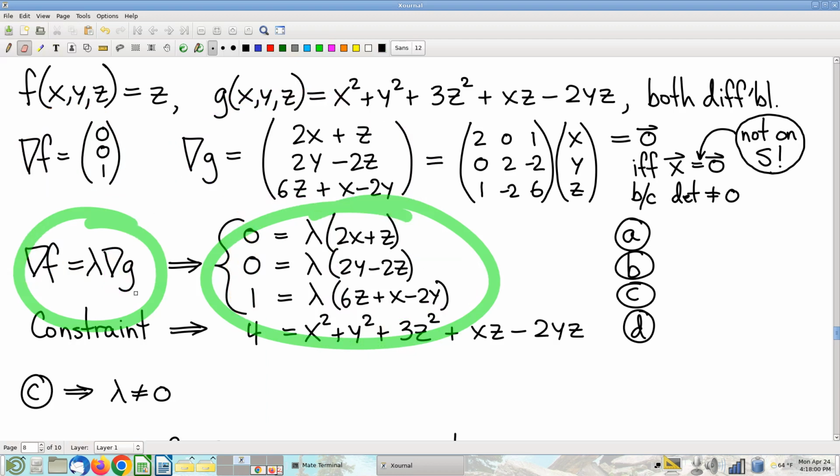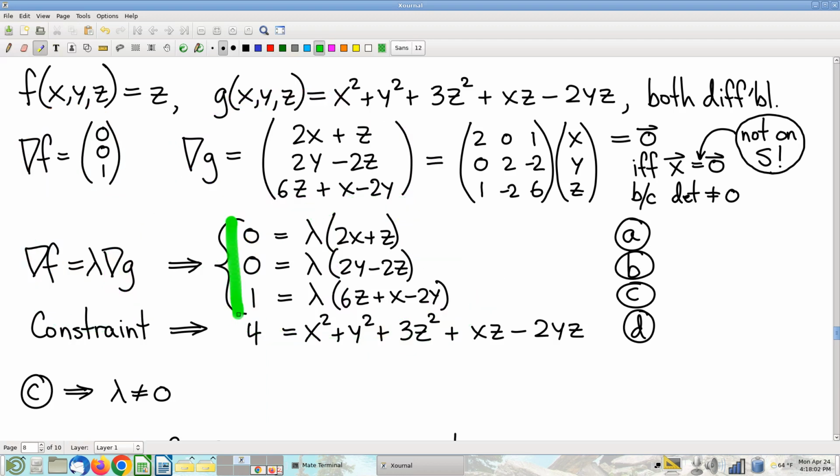Now I emphasize, it's real easy to make the mistake of just looking at these equations here, but remember, just like we just argued, the only reason I care about this happening is because when this happens on my constraint set, that would be a critical point. So, importantly, this is only important if it happens on the constraint set.